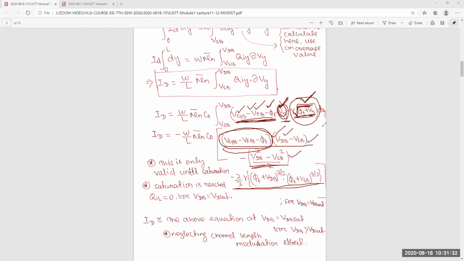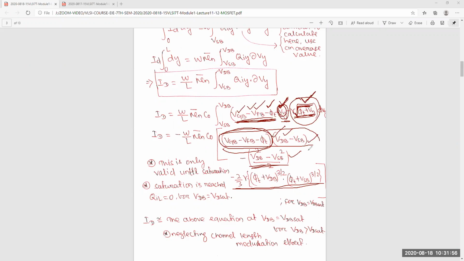This is your first equation. So how will we approximate or do some adjustment so that we will get that square law equation? Okay. So if you do it this way, first you will get this equation. These three terms you will get. This is one term, and this is another term. This is another.